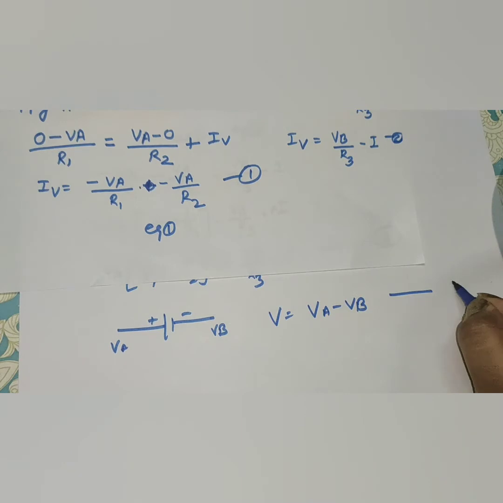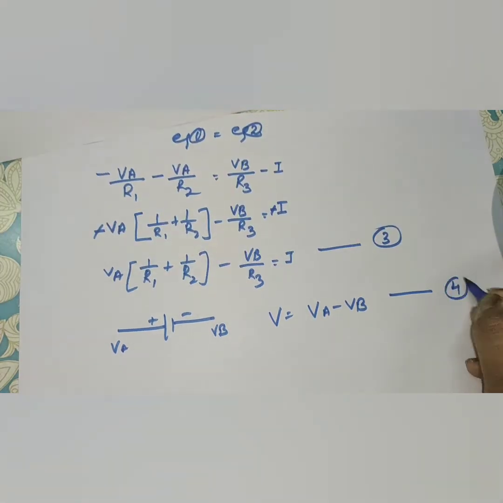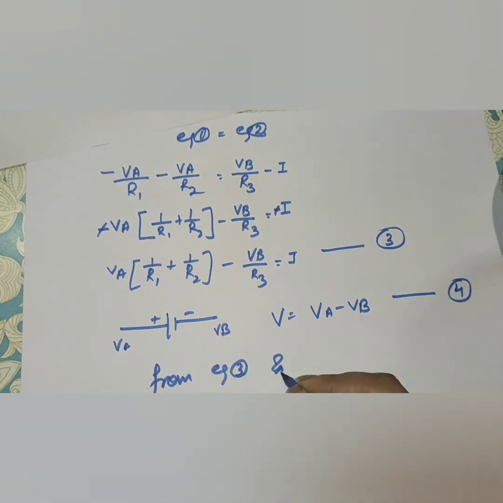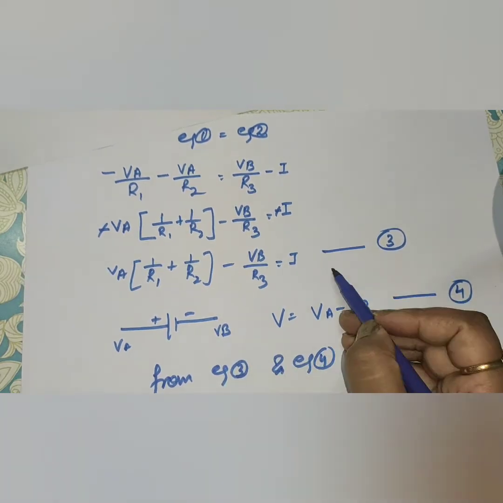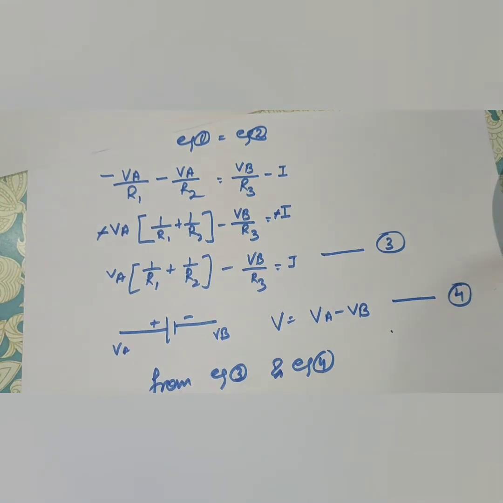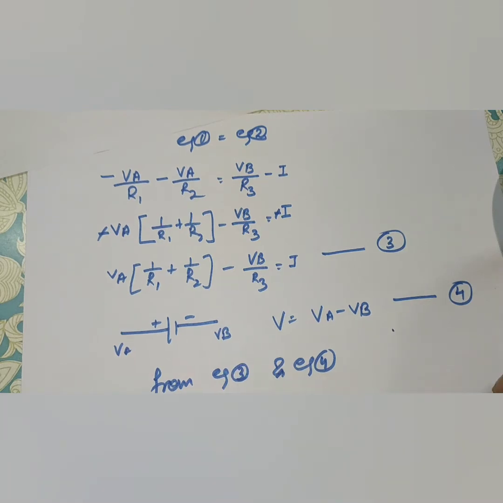That will be equation 4. From equation 3 and equation 4, by solving them we can find any branch current. Now we have to apply KCL in the supernode.